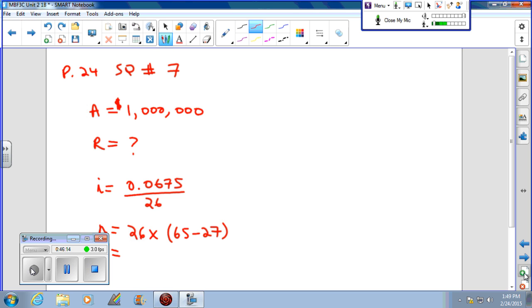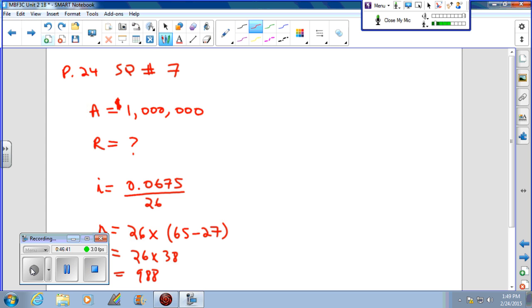So it's 26 per year times 38 years, which is 988 bi-weekly payments. That's actually pretty good, isn't it? And I think we got everything we need.